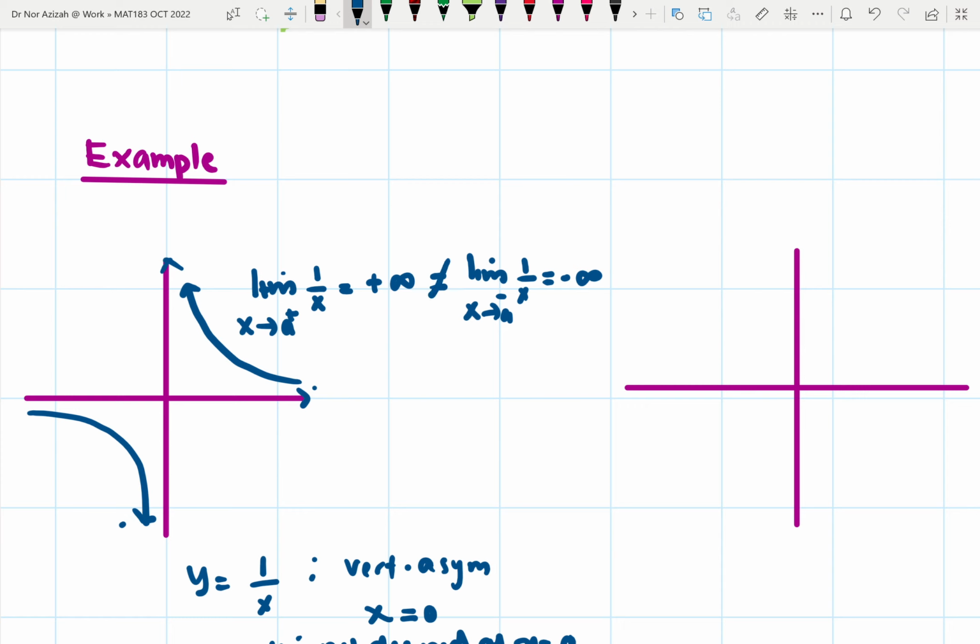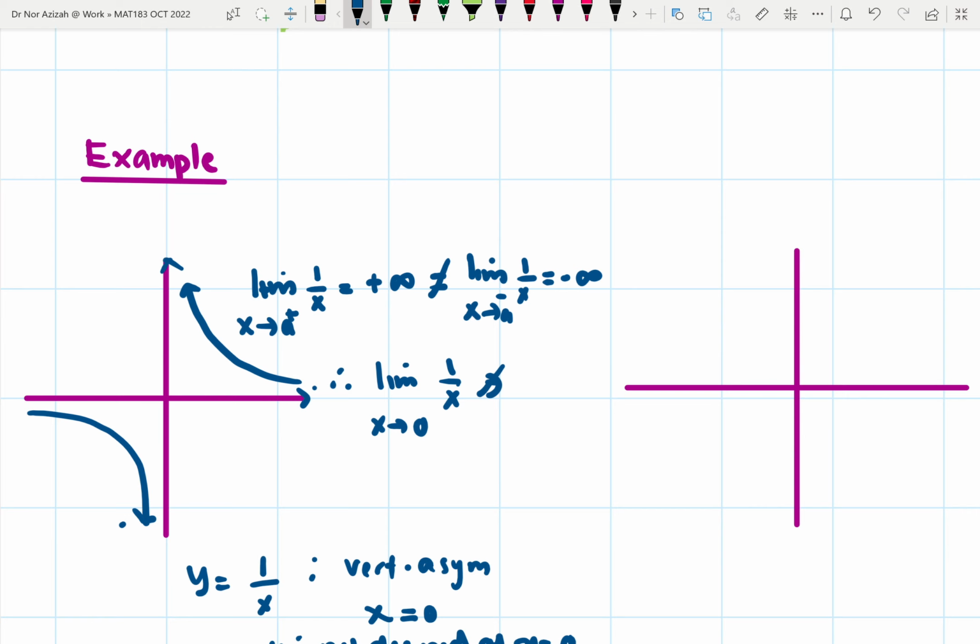So the conclusion is, since this one is not equal, you can see that the limit of 1 over x when x goes to 0 does not exist. Okay, do you understand about this? Kalau limit dia tak sama kiri dan kanan, so we can say that the limit does not exist.